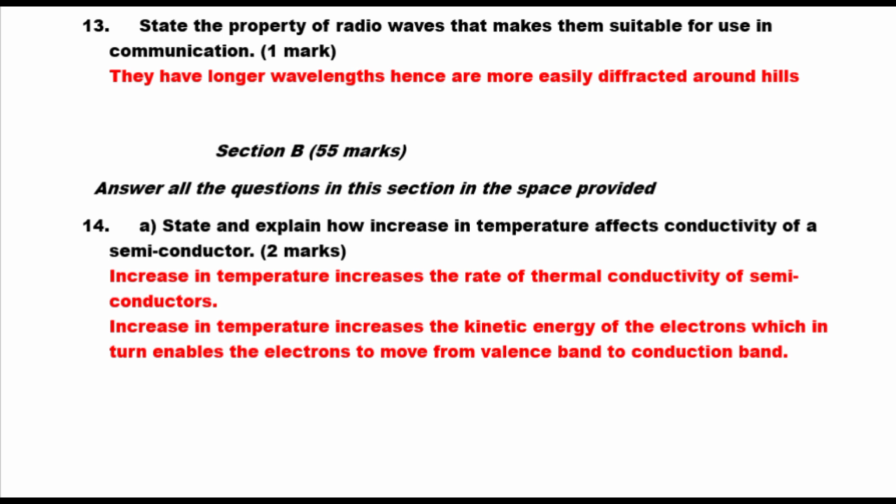This is because increase in temperature increases kinetic energy of the electrons, which in turn enables the electrons to move from valence band to conduction band. And remember, for electrical conductivity to take place, electrons must be in the conduction band. So we are saying these electrons are able to move from valence band to conduction band when there is increase in temperature. That's why now the electrical conductivity of a semiconductor improves.